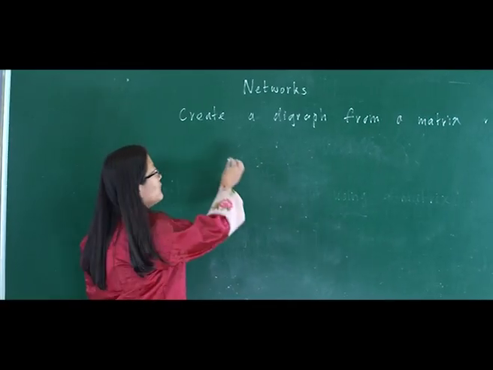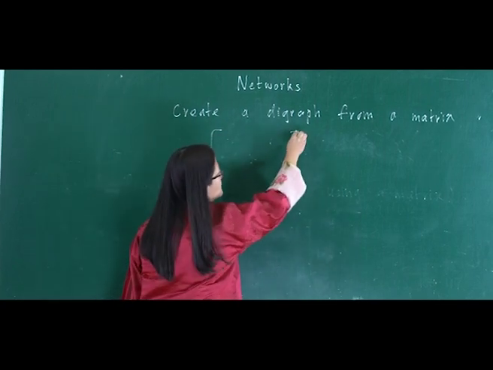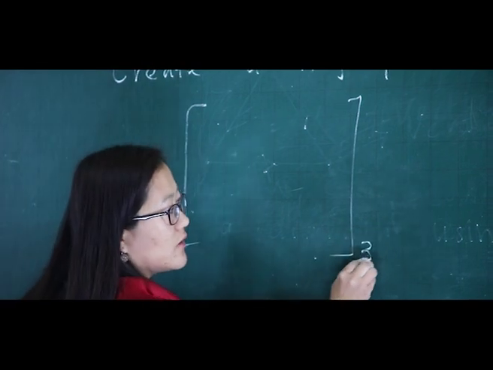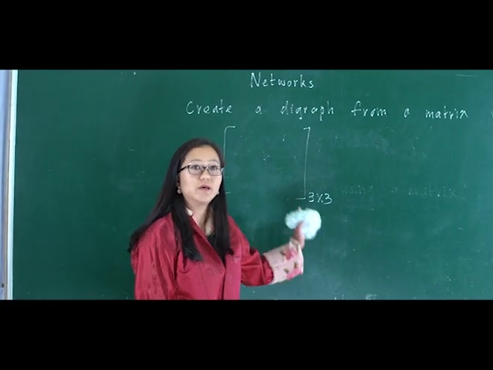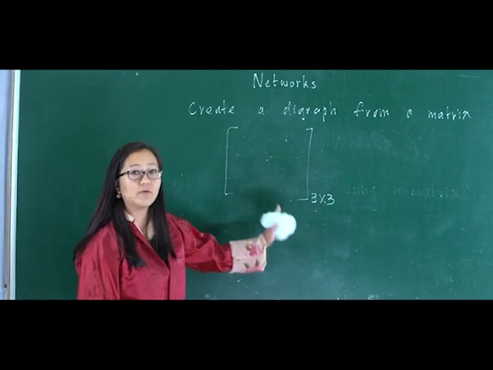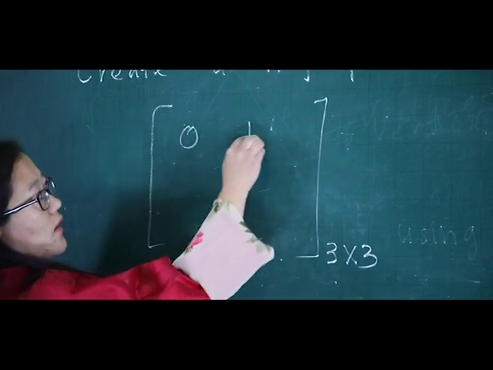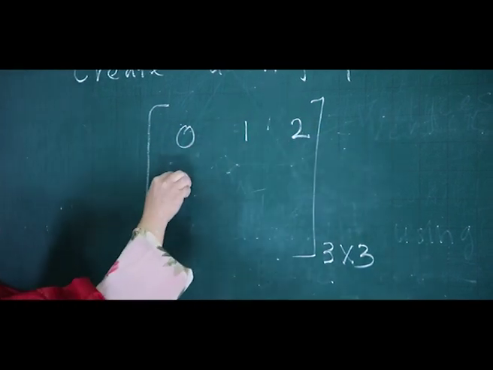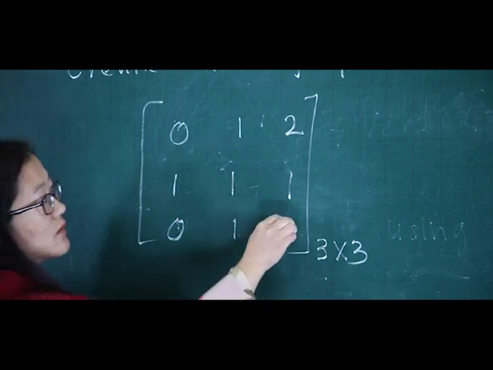So, if we have a matrix again, and let the matrix be again of order 3 by 3, it can be of any order. It can be 2 by 2, 4 by 4, 5 by 5. I'm choosing this one. Let's say 0, 1, 2, 1, 1, 1, 0, 1, 1.